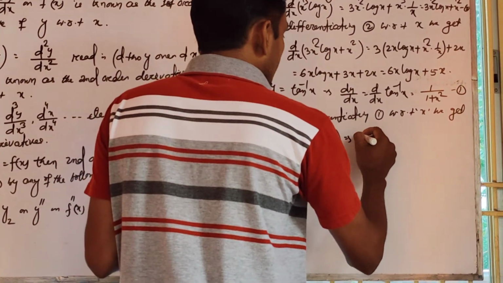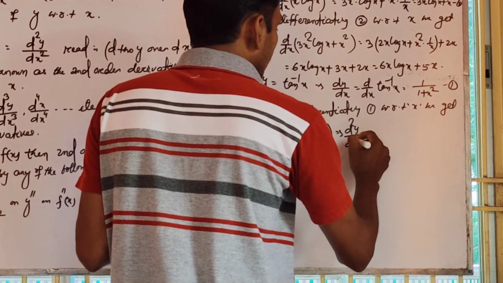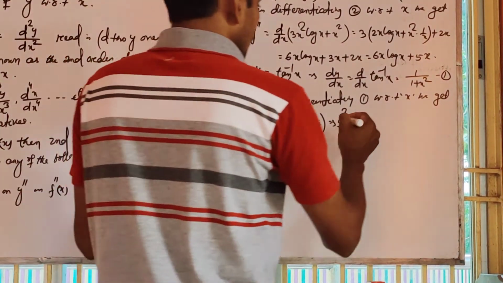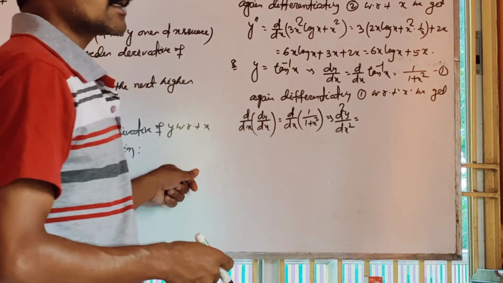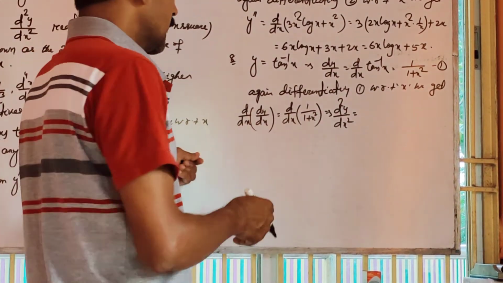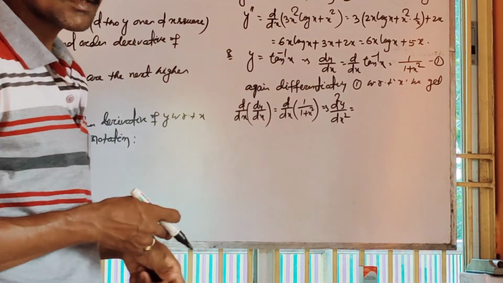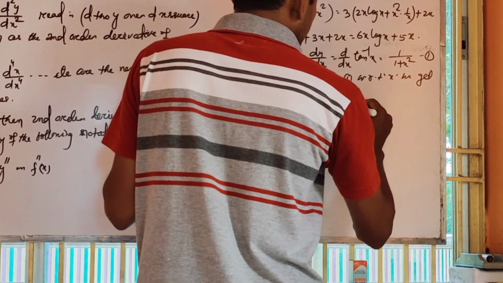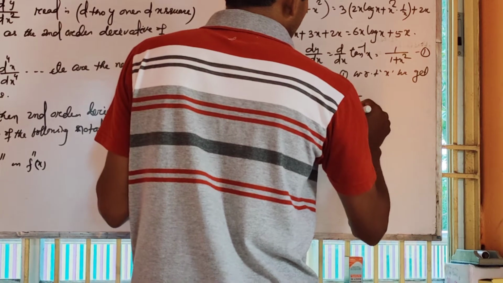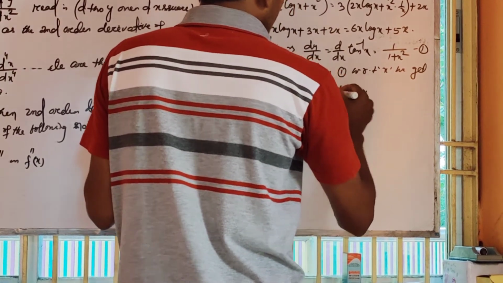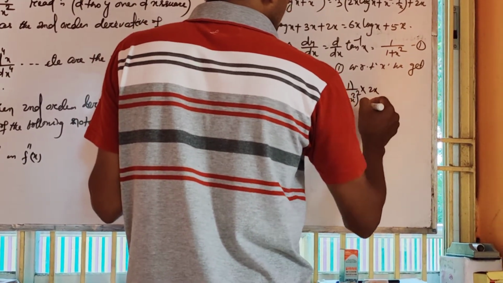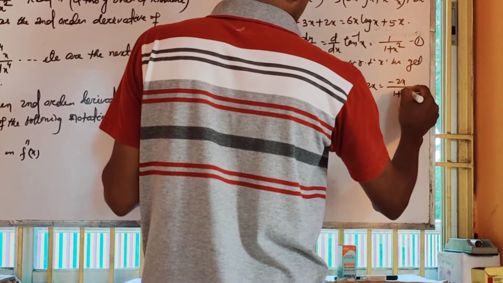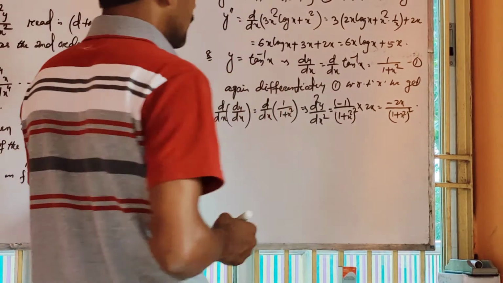So the left hand side is d2y by dx square, you can write y double dash also, no problem. This equals the right hand side, which is in the form of 1 by x, so the derivative of 1 by x is minus 1 by x square, meaning 1 plus x square whole square, into the derivative of 1 plus x square, which is 2x, that is minus 2x by 1 plus x square whole square.